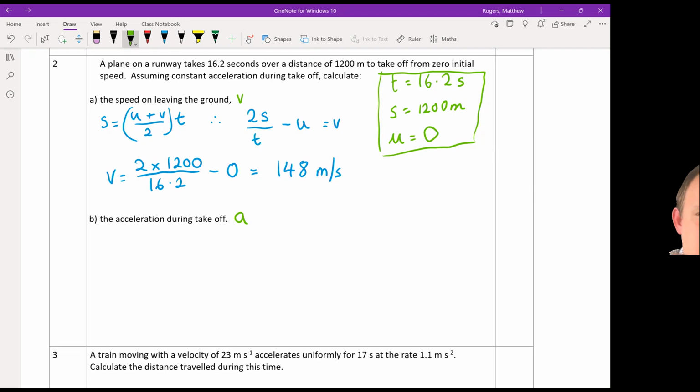So in this particular case, that's s is equal to ut plus a half at squared. I'm going to rearrange this equation for a.